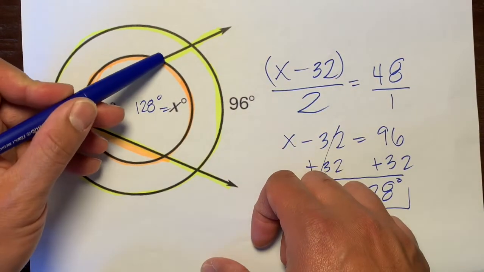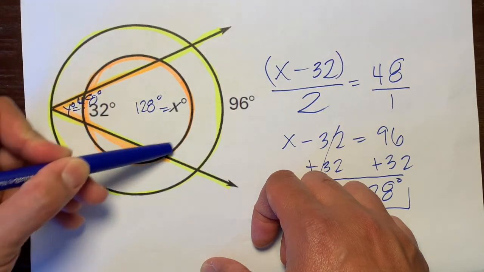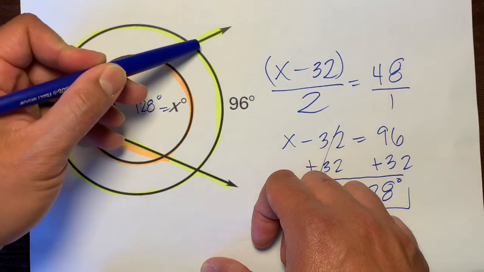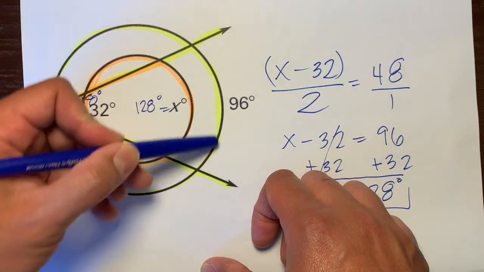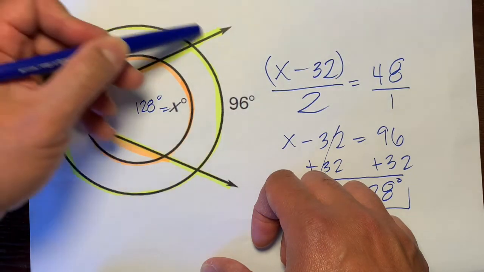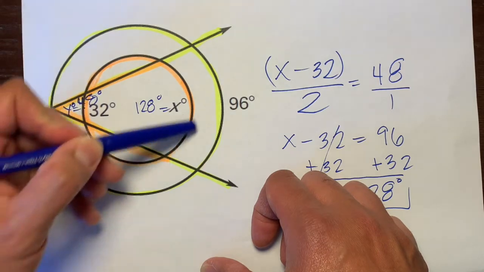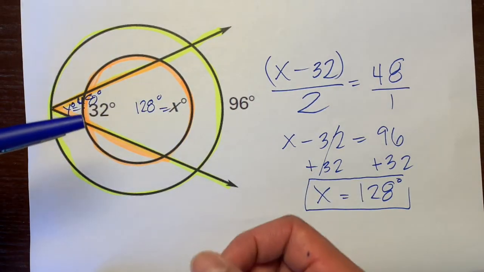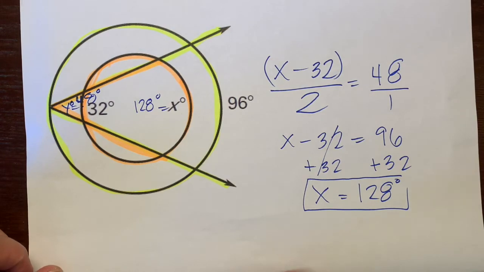However, this arc takes less of the 360 degrees of this circle, whereas this arc takes more of the 360 degrees of this circle. So don't be afraid that this is 120 degrees.